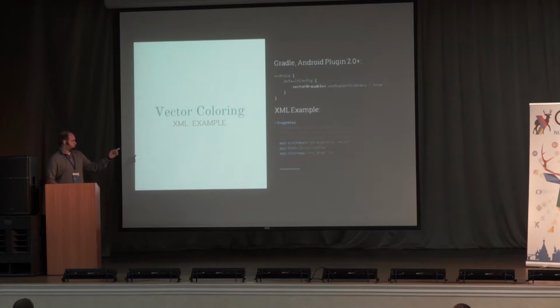Here's the example. It's on the bottom. So you have to use srcCompat, and then you have to use app:tint and app:tintMode. That's probably a big deal for some apps because you have a lot of image views. You can't go over every single image view and switch to the srcCompat tag. And also you have to put this in your Gradle file.